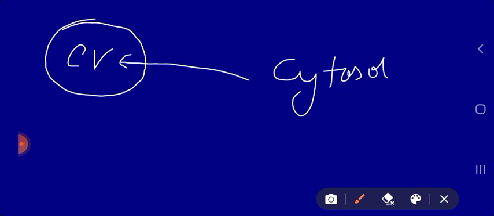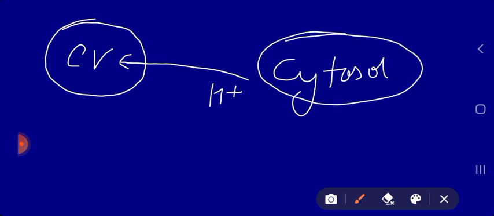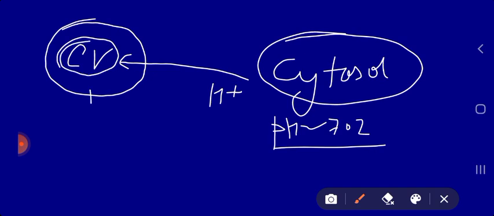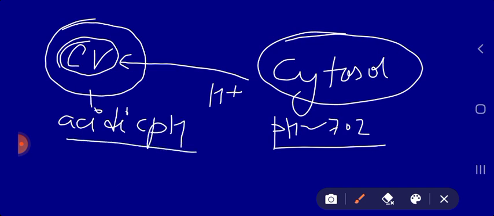Due to transport of the protons from the cytosol to the vacuole, it stabilizes the pH in the cytosol, which is around 7.2, and makes the central vacuole more acidic. So there will be an acidic pH inside the central vacuole, as we have seen in lysosomes also, and due to this it will create a proton motive force.